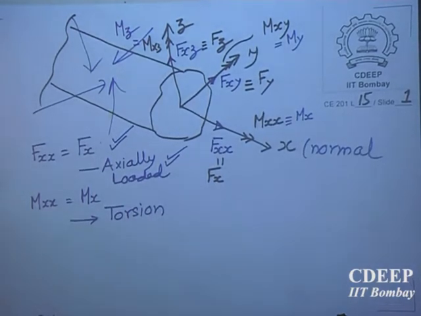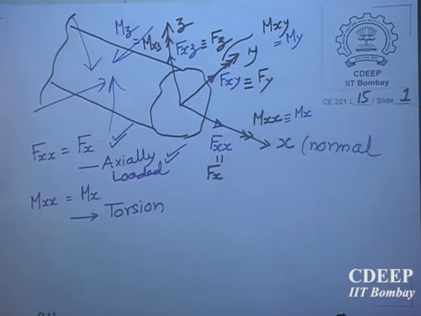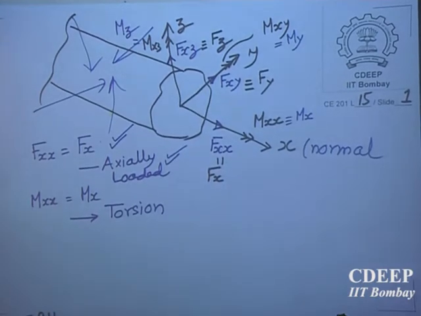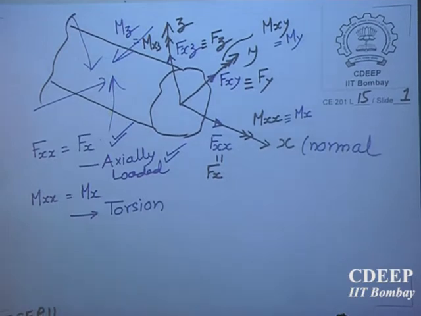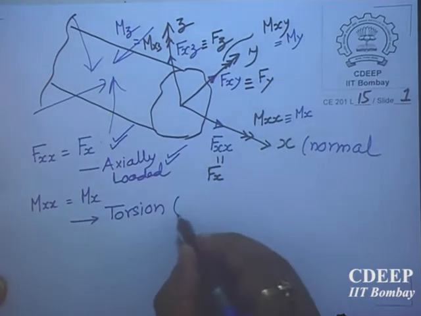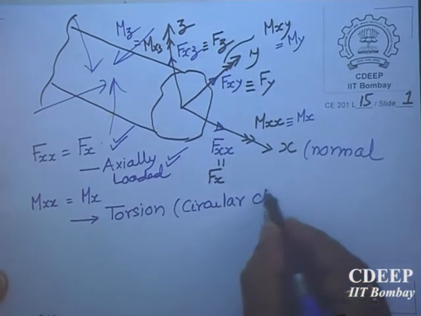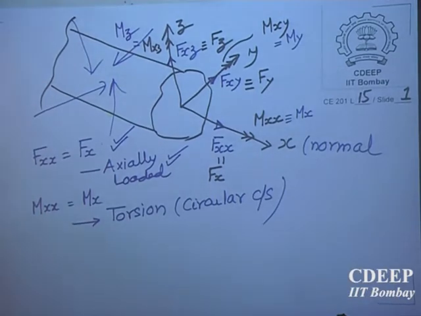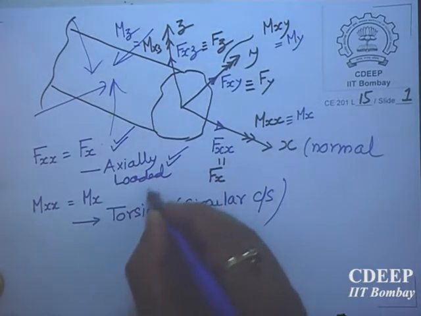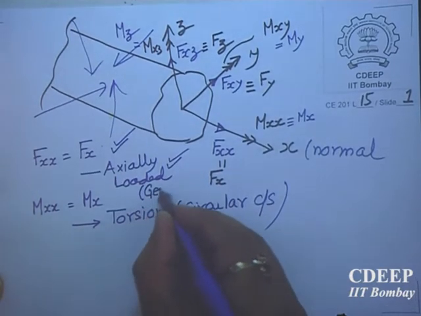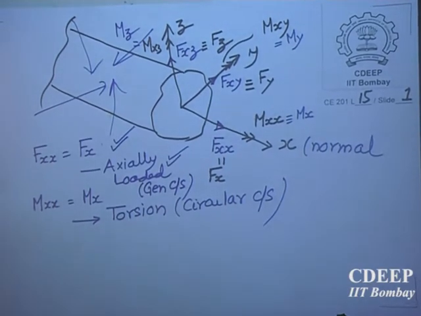Only thing here we have put a qualification: torque of a circular cross section. When we did axial load, the cross section of the rod was general. Here we are saying only circular cross section, because the theory is simple. So these two have been covered.